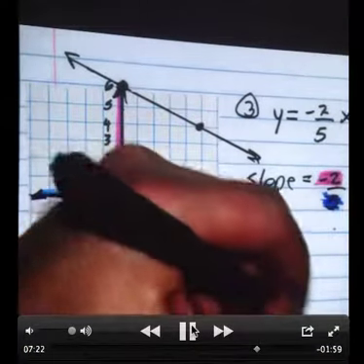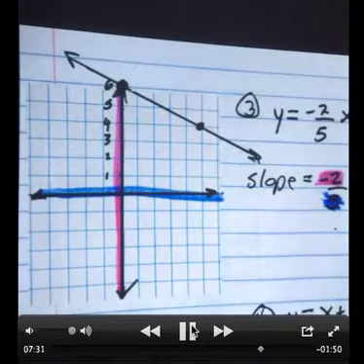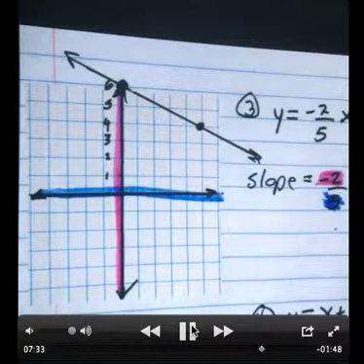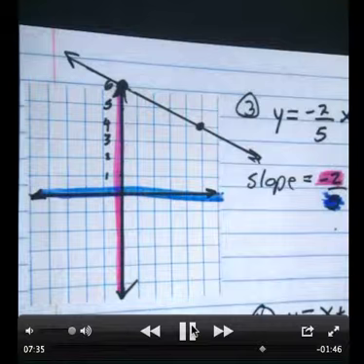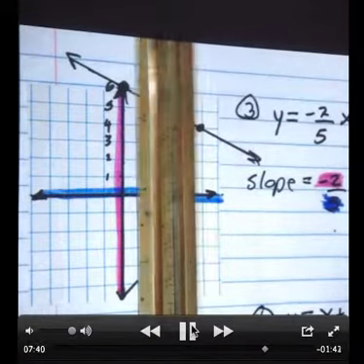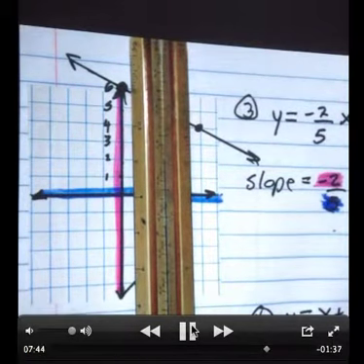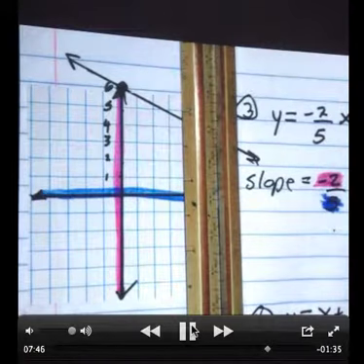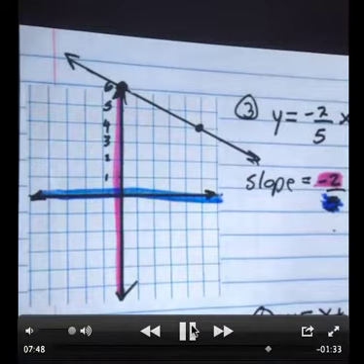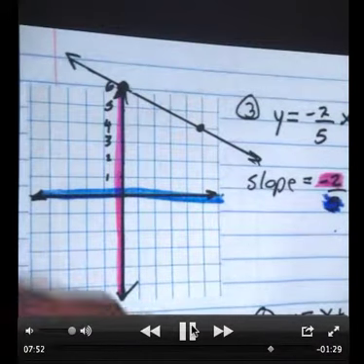Okay, and let's try one more. We're going to do number 4, which is y equals x plus 2. Kind of interesting. You can try this before you see what's going on.